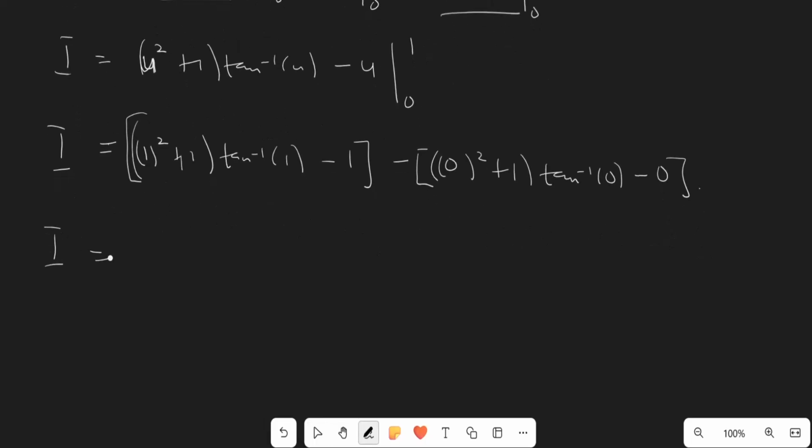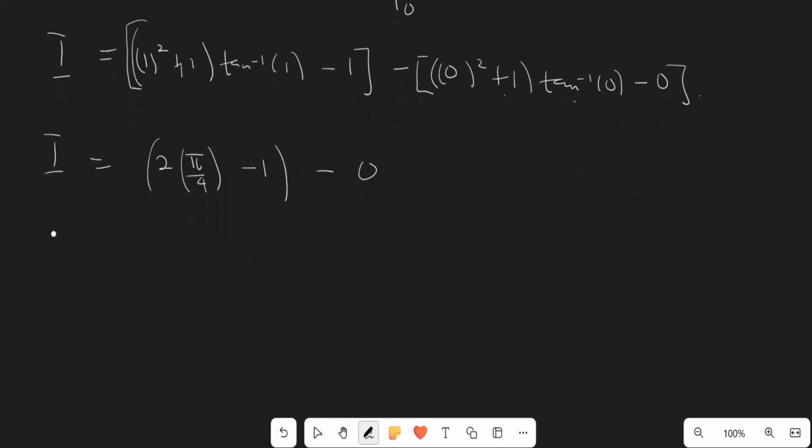So our integral I is going to be 1 plus 1, which is 2, tan inverse of 1. Tan inverse of 1 is pi over 4, that is tan 45, minus 1. Minus, this is 1, tan inverse of 0 is 0, minus 0. So the lower limit is 0. So I is going to be pi over 2 minus 1.